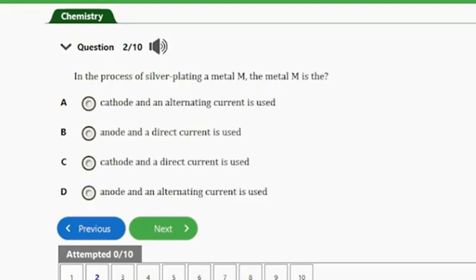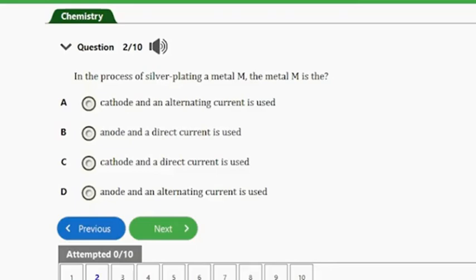Question number 2, it says, in the process of silver plating a metal M, the metal M is the: A, cathode, and an alternating current is used; B, anode, and a direct current is used; C, cathode, and a direct current is used; D, anode, and an alternating current is used.